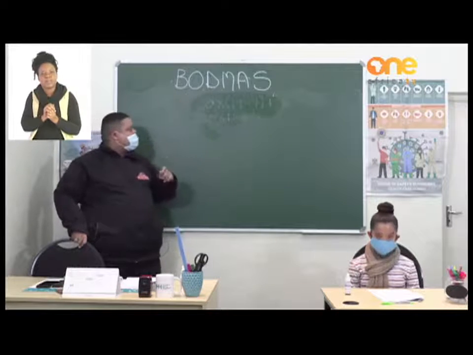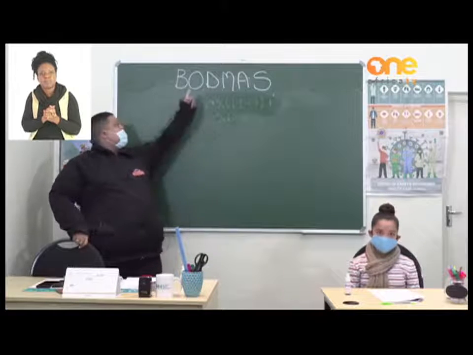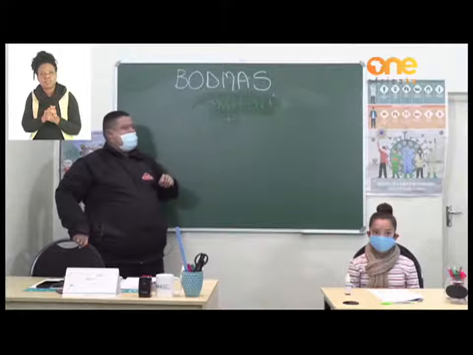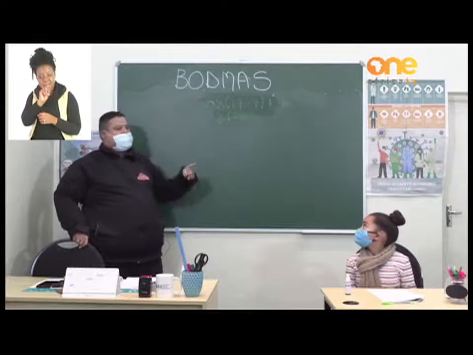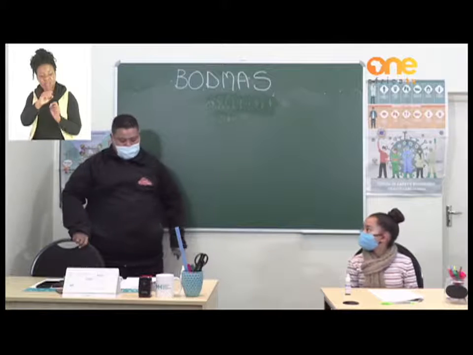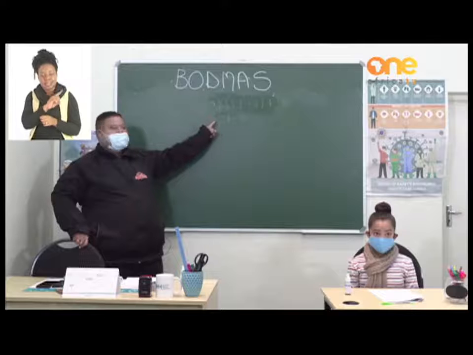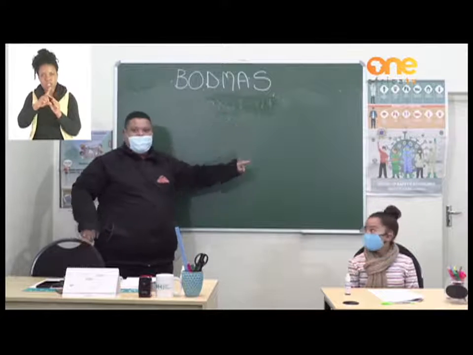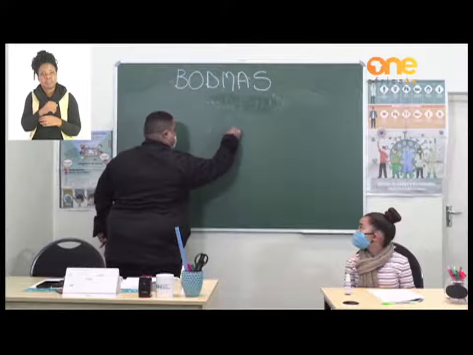Now we see which of these two sums must we do first, the multiplication or the addition. According to BODMAS, we must do the multiplication first. So we're going to say 10 times 12, and 10 times 12 equals 120.